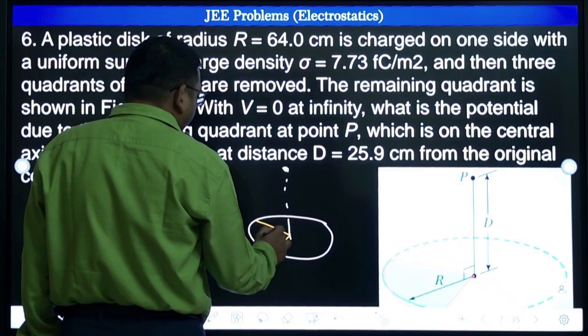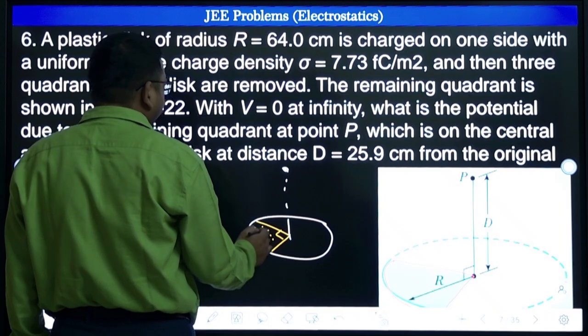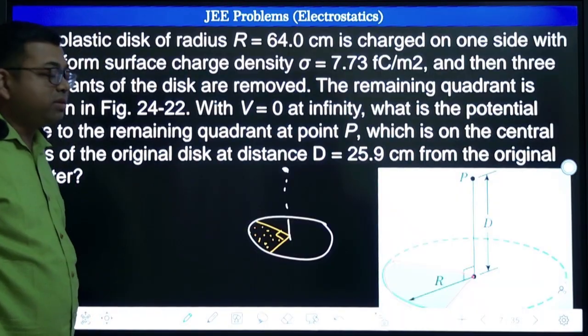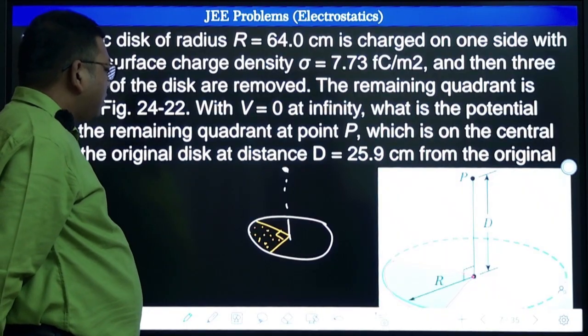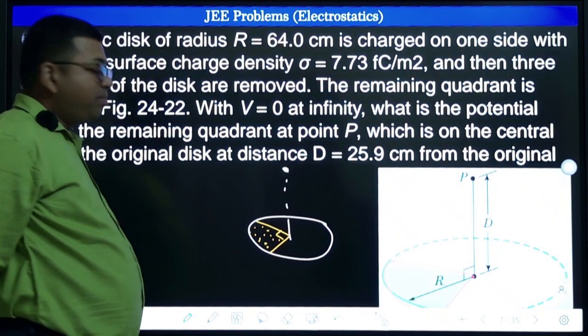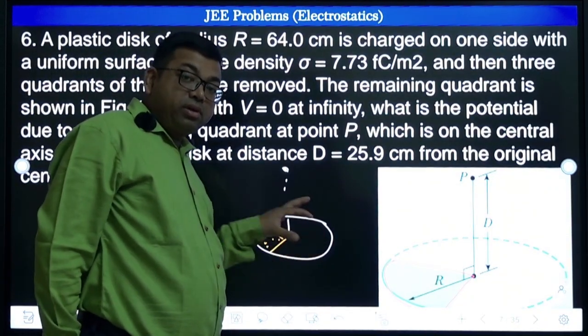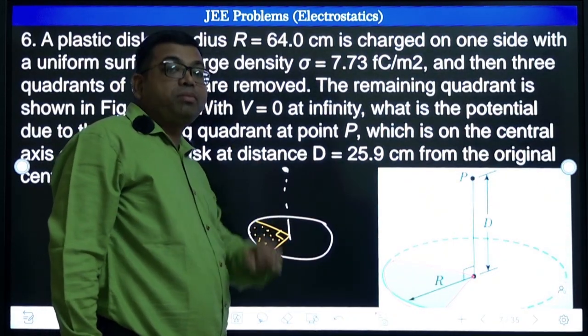This angle is 90 degrees, and only this much charge remains. How do you calculate this potential? We can do the calculation in exactly the same manner, but the full disk contribution is not there. The contribution is now only one fourth of the disk.